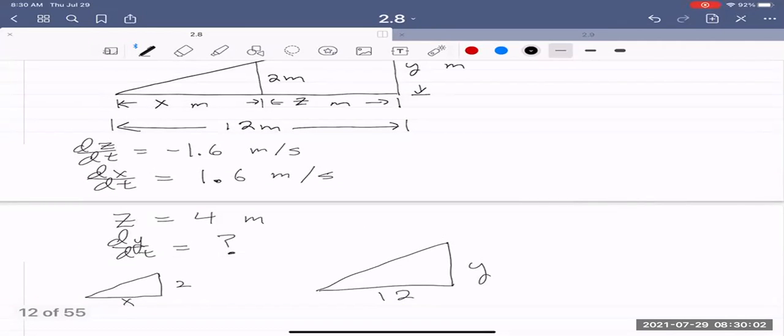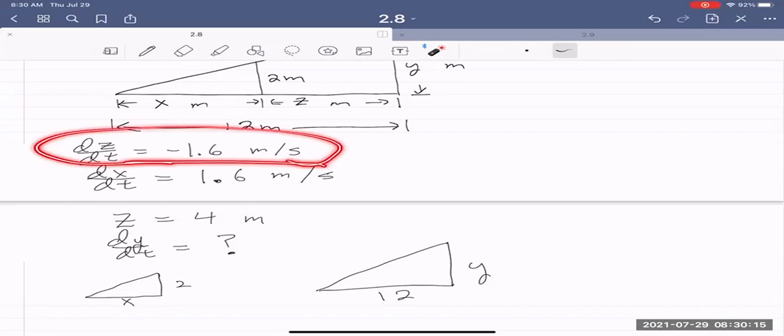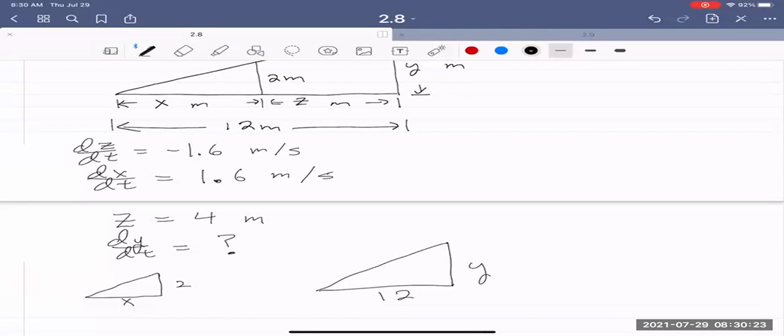Oh, I see. Everything's in terms of z. So I know this in terms of z and that in terms of z. Let me just do it and then see what I need to know.